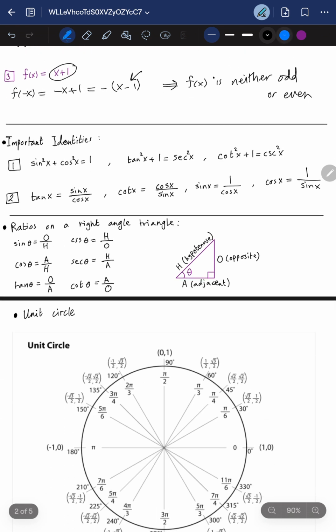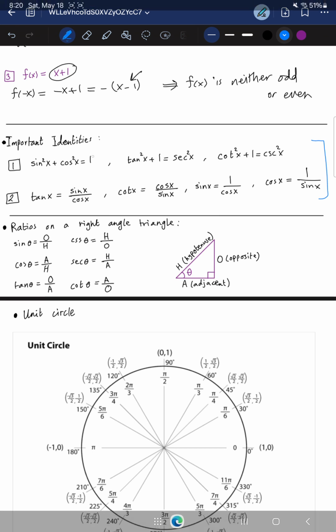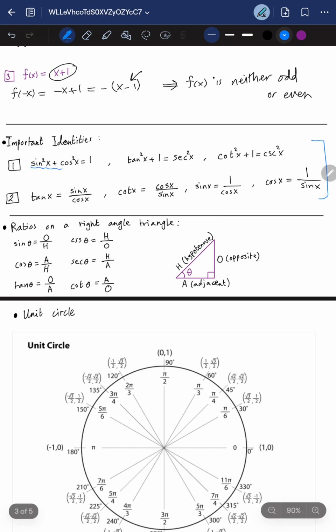Okay, now I'm sure that you've seen these identities before. These identities are pretty helpful, especially in integration once we start doing integration. So make sure that you're familiar with them, you're comfortable with them. For example, this identity is sine squared plus cosine squared is equal to 1.